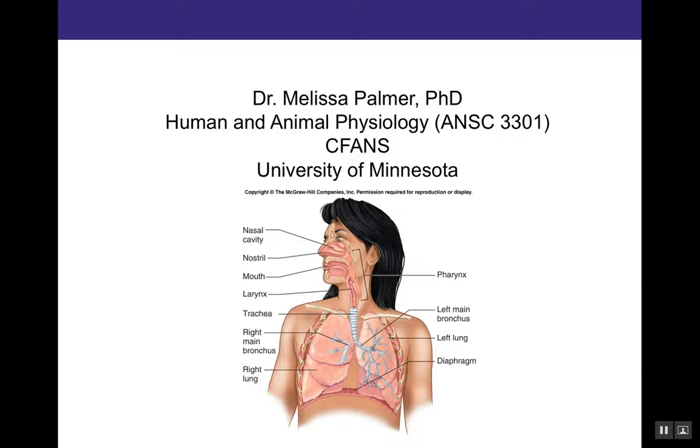Why send blood to alveoli that aren't getting any air? That doesn't make any sense. So it diverts blood from areas of disease to areas of healthy air, healthy lungs.